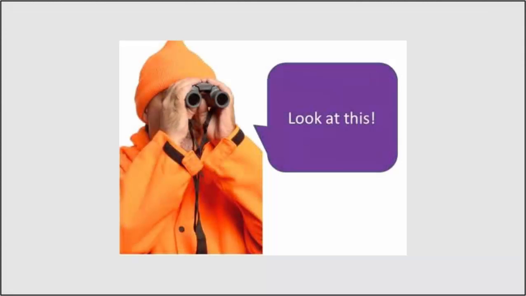The next example is "Look at this." It's an order that you can give to someone: look at something or someone. Let's suppose you are walking on the street with a colleague, and while both of you are walking, only you see something interesting.